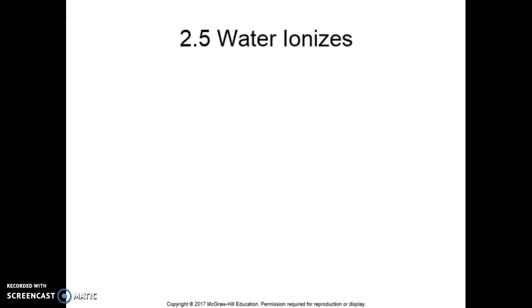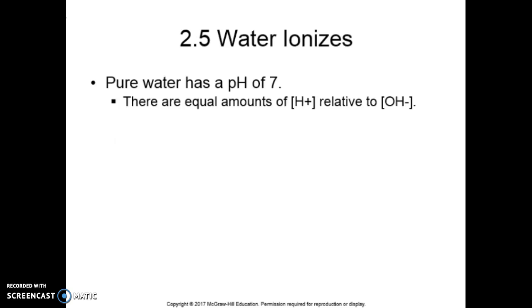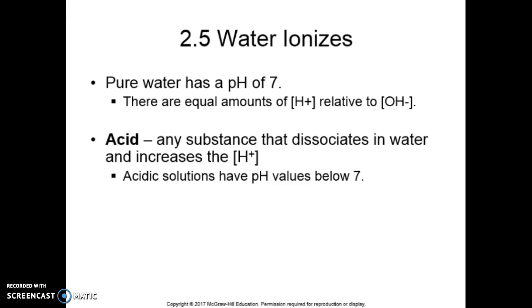If you'd like to see this a little bit more written out, I'll show it to you like this. So pure water has a neutral pH of 7. So that means there's the same amount of hydrogen ions and hydroxide ions, just pure water. But anything that dissociates or comes apart in water increases the hydrogen ion concentration, and acidic substances have pH values below 7, which means between 0 and 6.9.